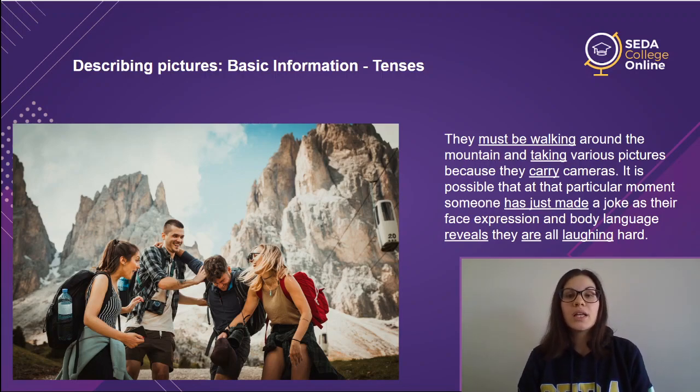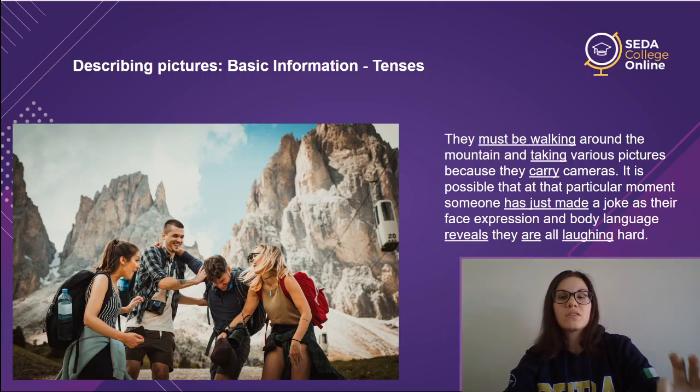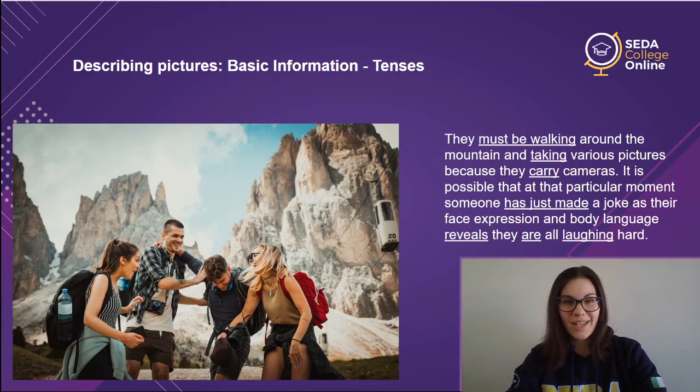They are walking and talking. You don't need to use the verb to be again. Then I have carry, a present simple. They carry cameras. And you can see a present perfect simple as well. I tell you that I think that someone has just made a joke, something recently finished, and I can guess that because they are laughing.